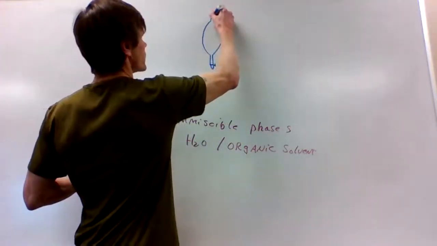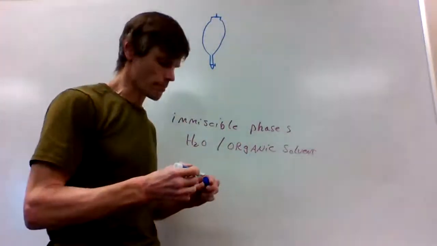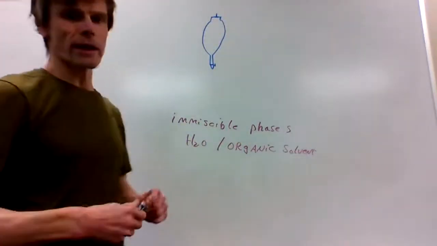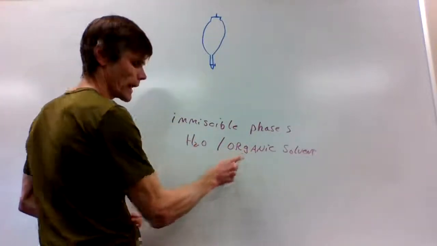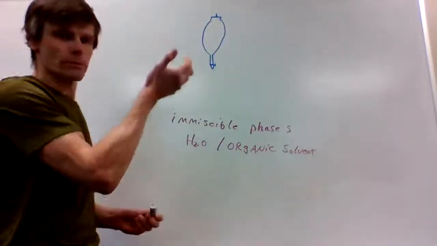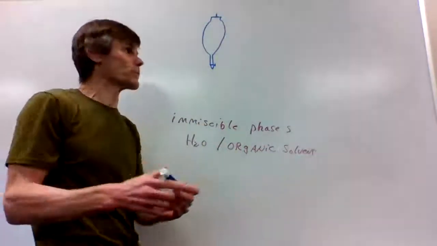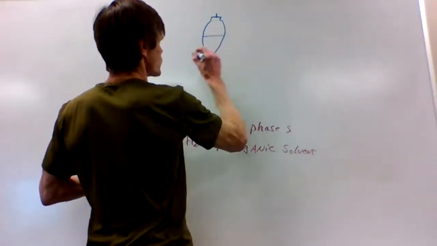And then up here is a removable stopper that we would have on the very top. So if we put in our two immiscible phases, water and an organic solvent, and we allow them to partition or move away from each other, we're going to get an interface between the two.